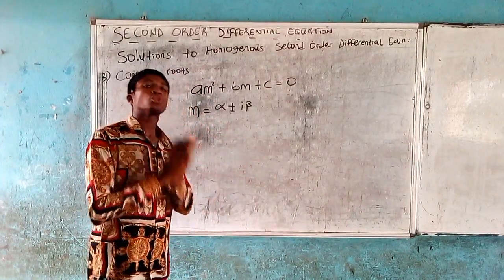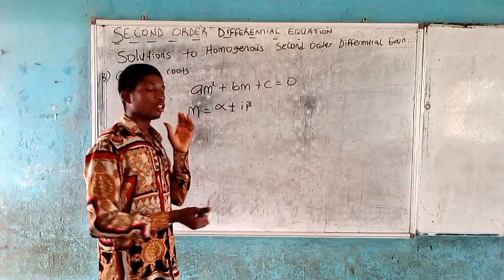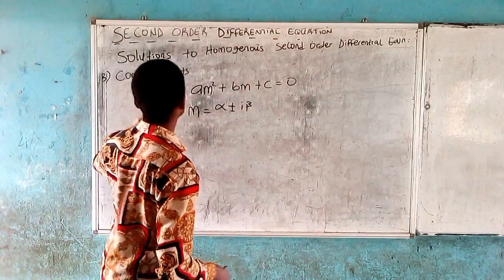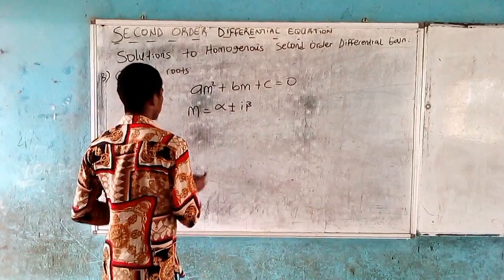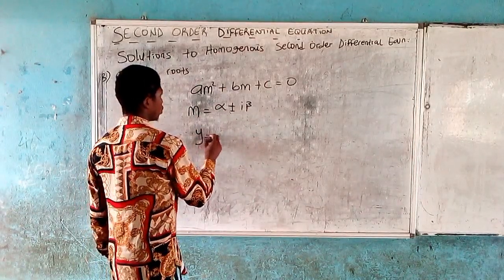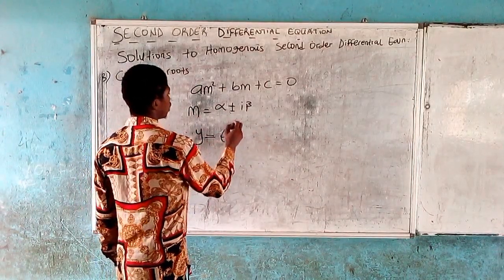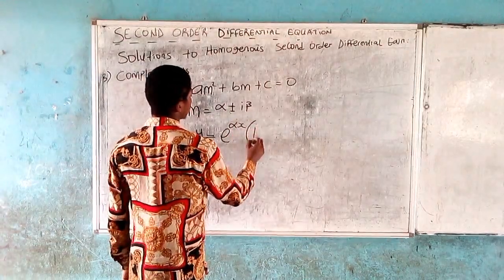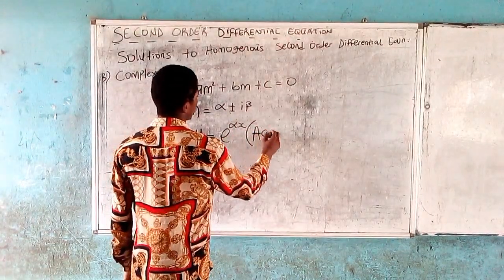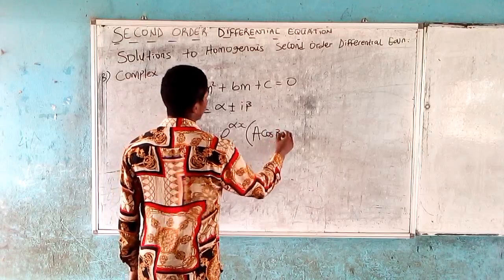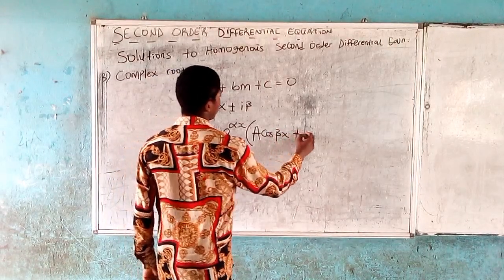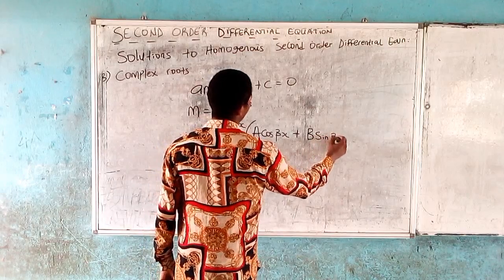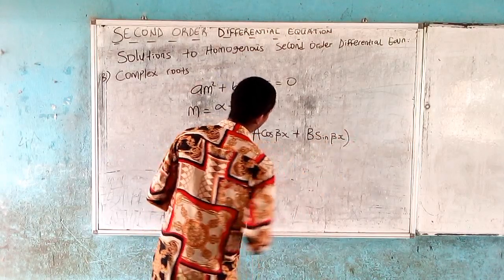The general solution for a homogeneous second order differential equation when the root is complex is y equals exponential alpha x open brackets a cos beta x plus b sine beta x.